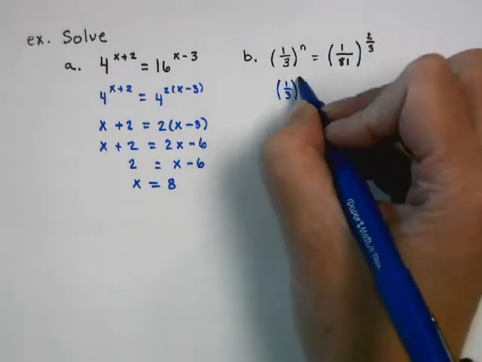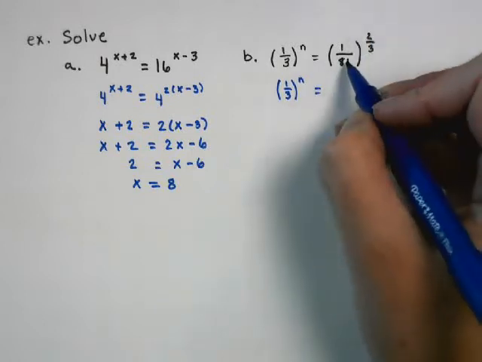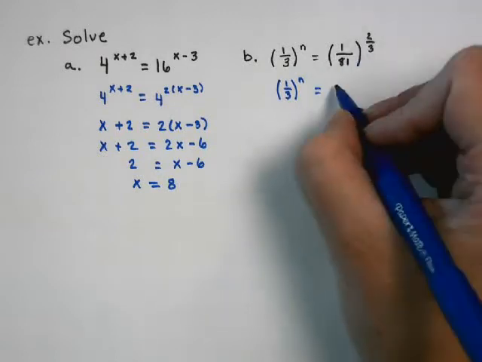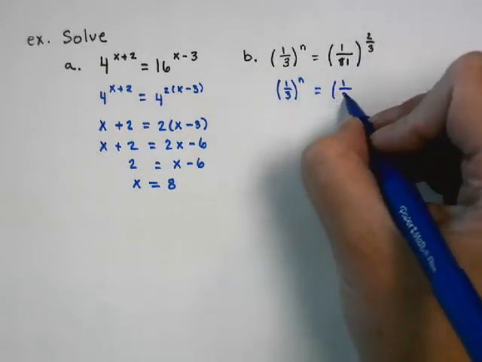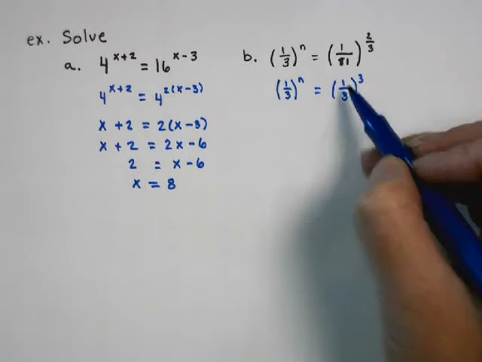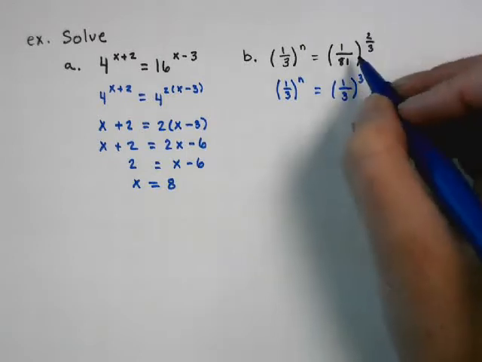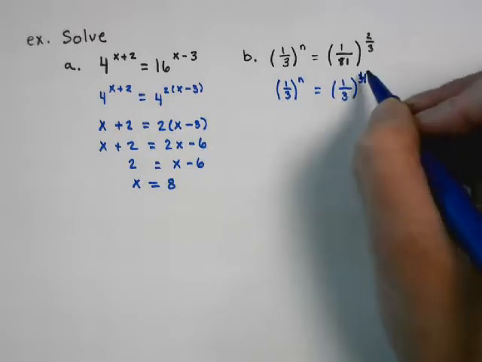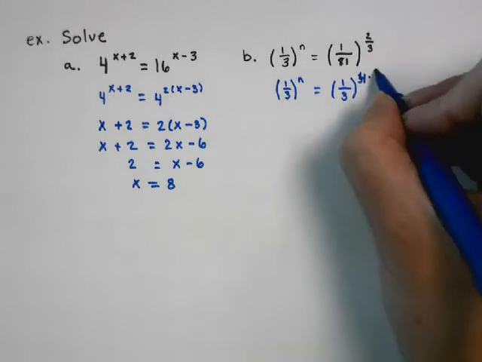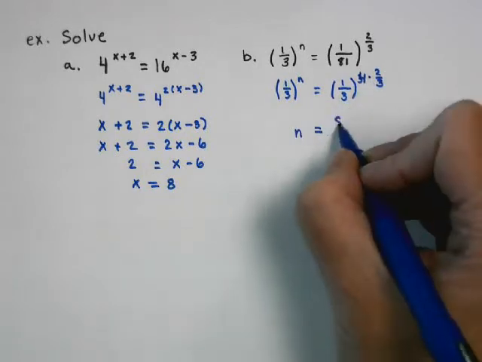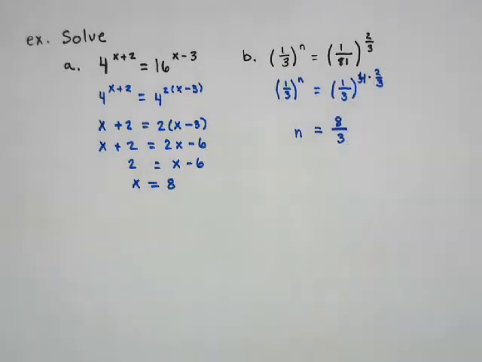To get from 81 to 3, 3 cubed is 27, so it's actually 3 to the 4th power: 3 times 3 times 3 times 3 is 81. So 1 over 81 is 1/3 to the 4th. So now I just have n equals 4 times 2/3, which is 8 over 3.